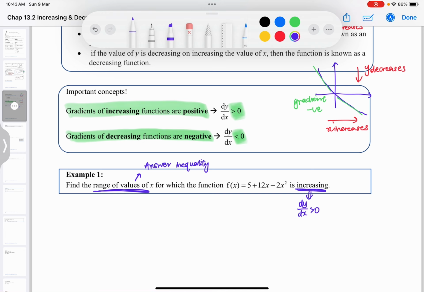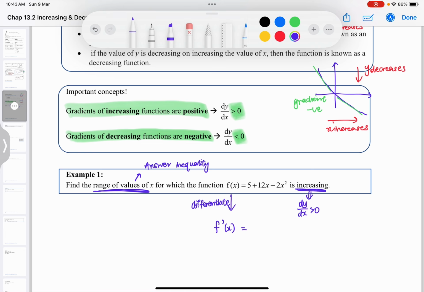So how do we do that? We have to find out the derivative function first. In this case, there's no y in this question. It is actually a function of x. So actually it works the same way. Instead of writing dy/dx, if I differentiate this, I can be writing f'(x).